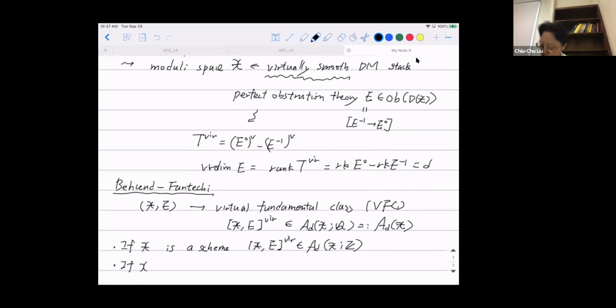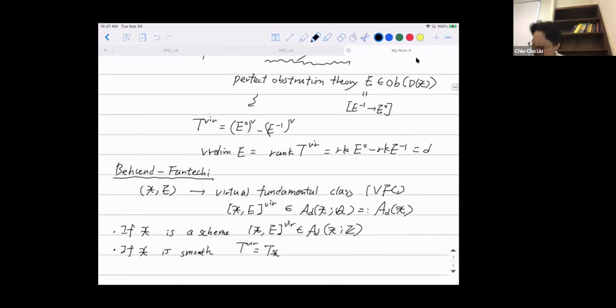If X is smooth, so it is actually smooth and it has a tangent bundle, in this case the obstruction theory actually just has one term, the other being 0, which is the cotangent bundle.